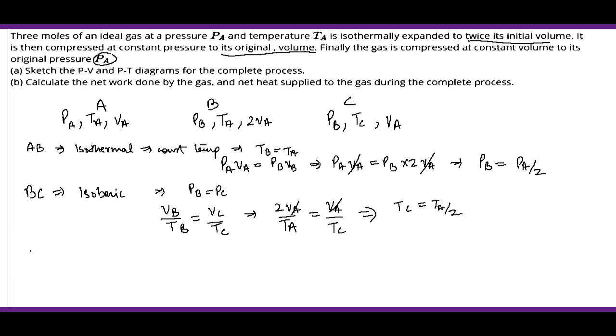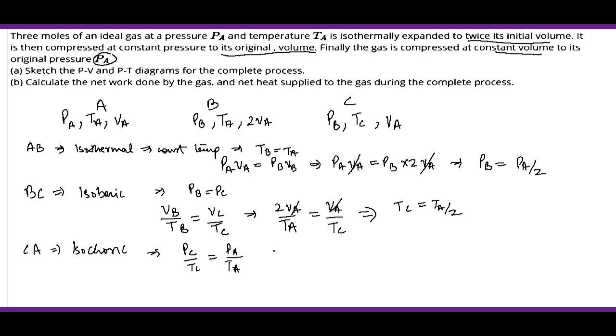So now for the process CA, this has given us constant volume, that means it is isochoric. So from here we can say that Pc over Tc will be equal to Pa over Ta, right?